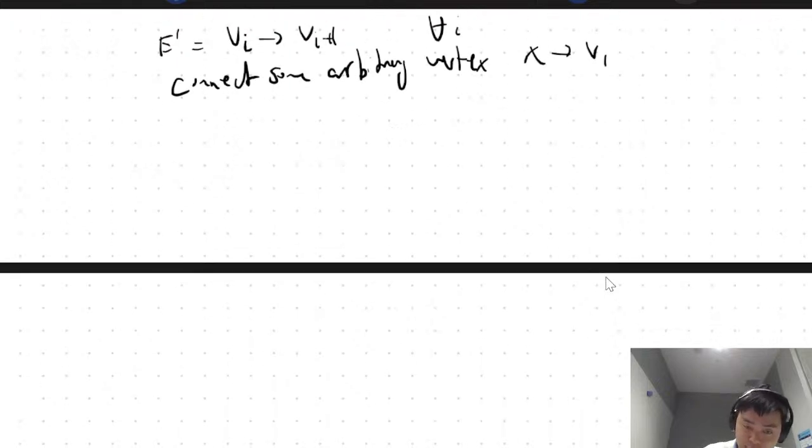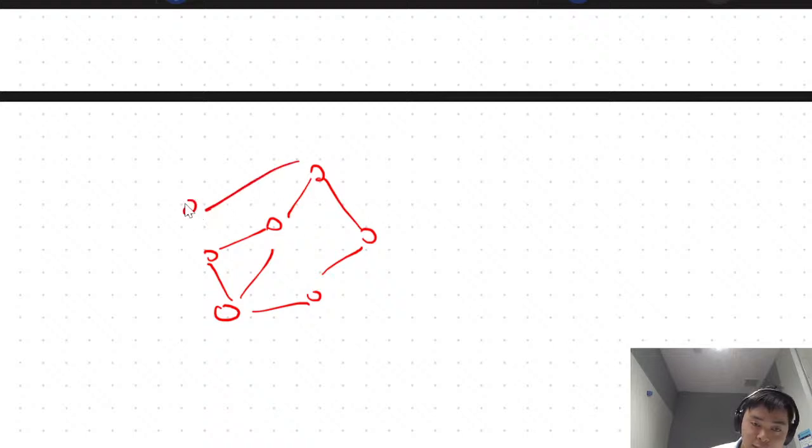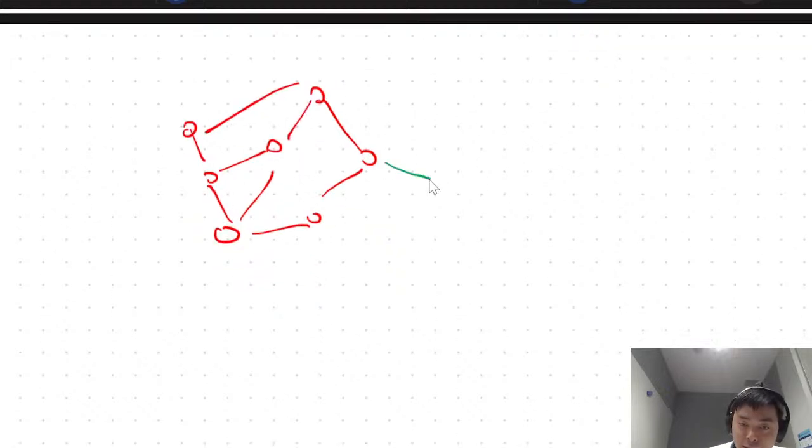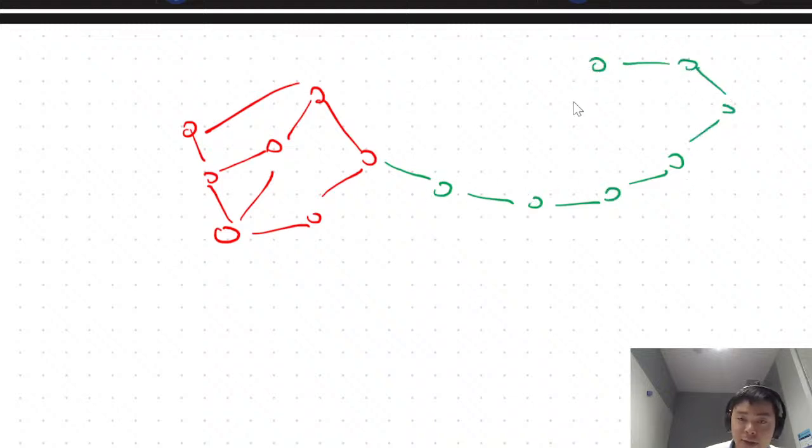So in other words, the construction of the graph kind of looks like this. Suppose I have a graph that looks something like that. What I'm going to do is add k or n vertices. So 1, 2, 3, 4, 5, 6, 7. And I'm just going to attach the first vertex to some arbitrary vertex that I choose.